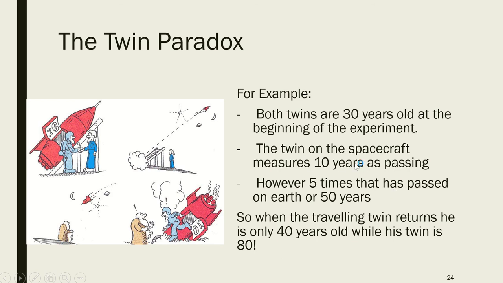So if they've observed 10 years on the spacecraft, traveling at 98% the speed of light, when they get back to Earth, 50 years is going to have passed. So when the twin returns, because he was traveling so fast, he's only 40, because he's only increased by 10 years, whilst his twin is actually going to be 80 years old because he was a stationary observer and time has dilated based on the moving spaceship.